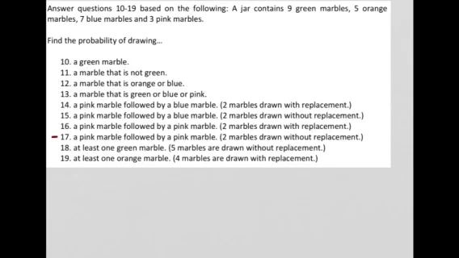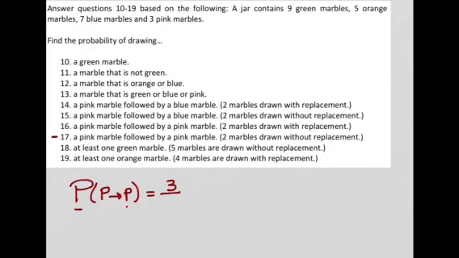Now for number 17, it says a pink followed by a pink if the marbles are drawn without replacement. So what's the probability of getting pink followed by pink? I know that's a lot of P's. So we have probability here and then pink and pink, 2 marbles drawn without replacement.